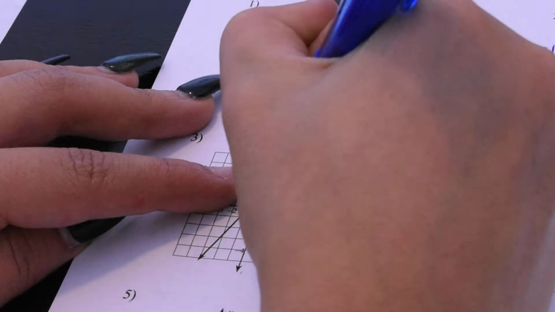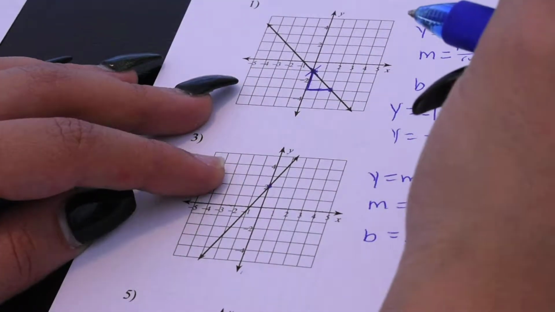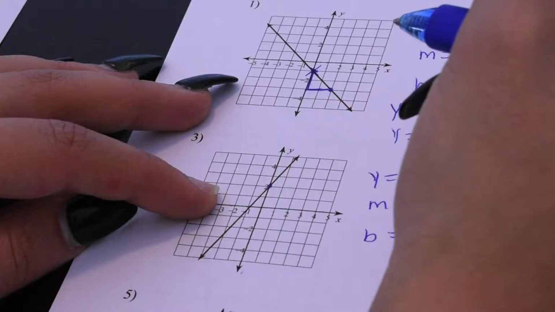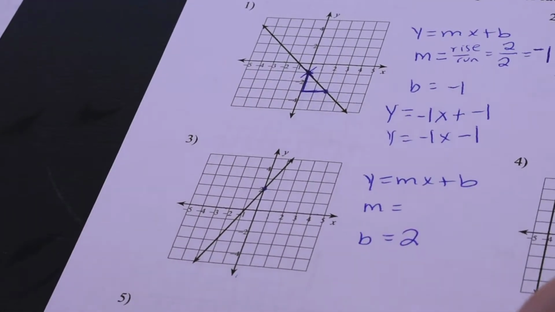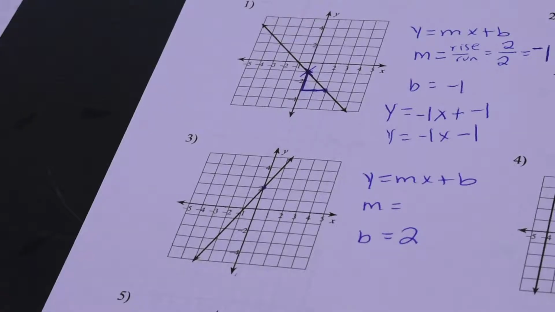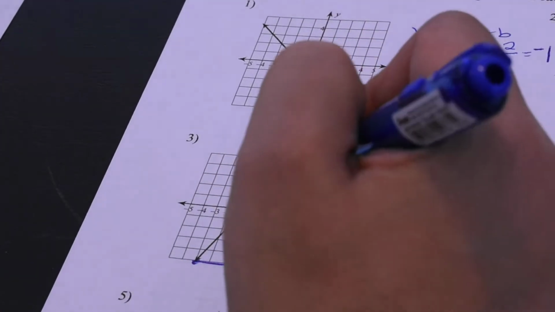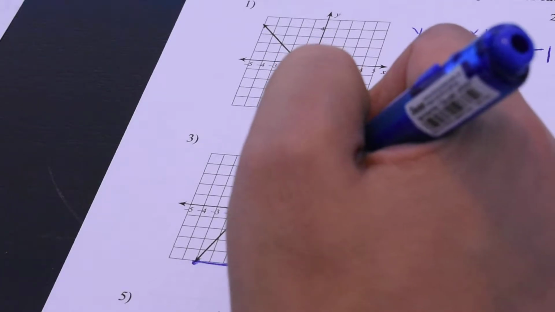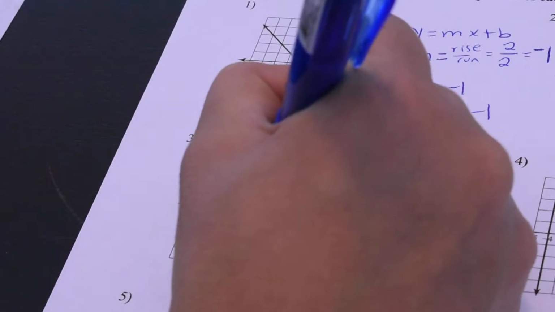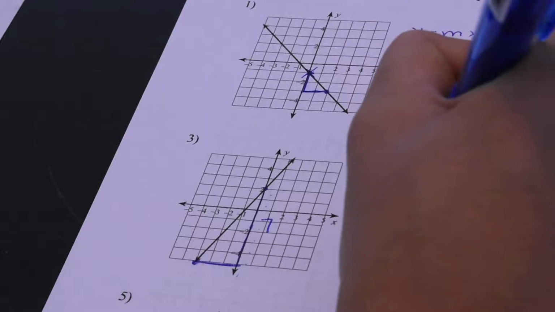I can use this point, and let's see. Let me use this point down here. Let me make a big triangle to figure out my slope. Right? So my rise is 1, 2, 3, 4, 5, 6, 7. So rise over run.